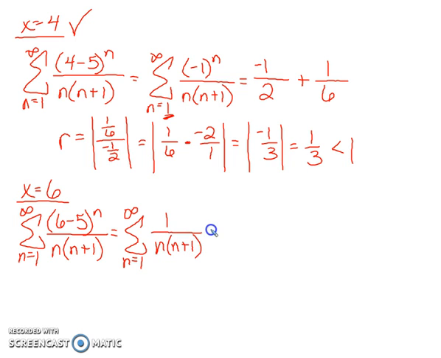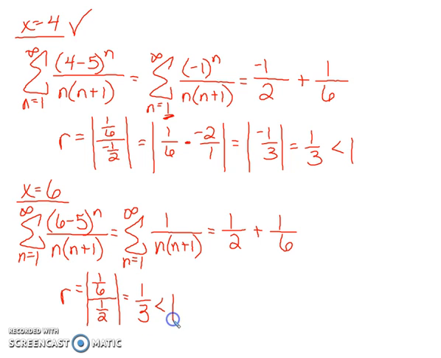So the first two terms of that series would be 1 over 1 times 2, so 1/2, plus 1 over 2 times 3, so that's 1/6. So that common ratio would be the absolute value of 1/6 divided by 1/2, which we already learned from the previous one would give me 1/3, which is less than 1. So this one would also give us a geometric series that converges.